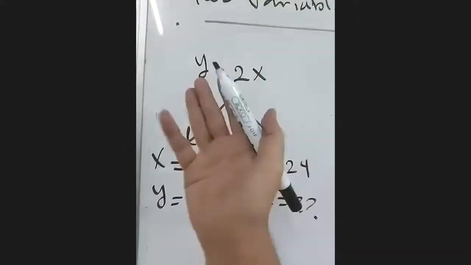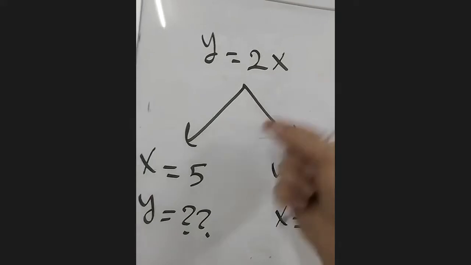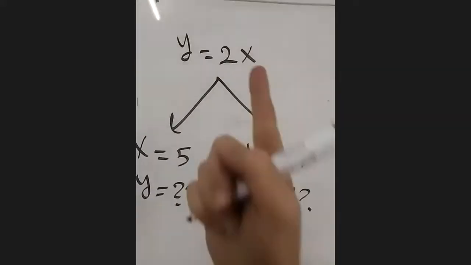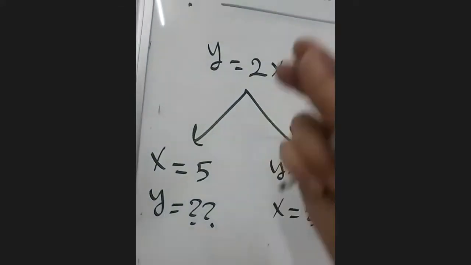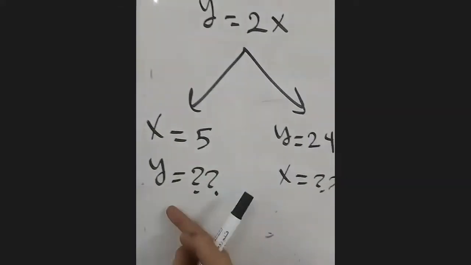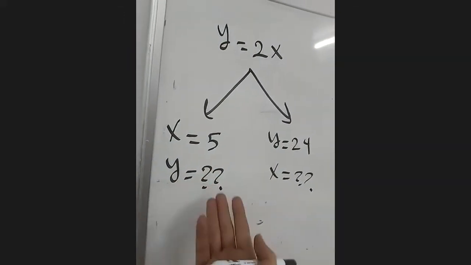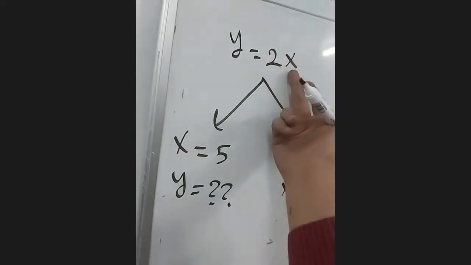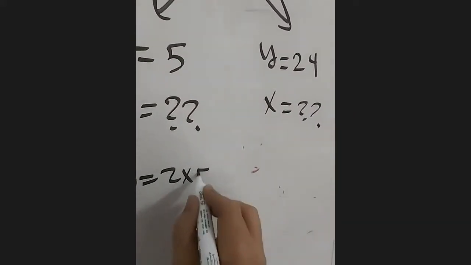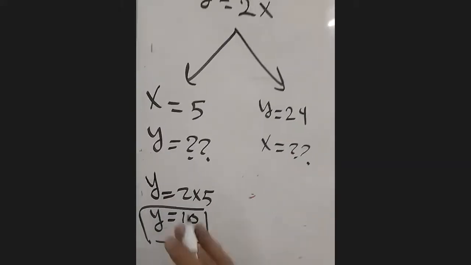So if you have two variables, one of the variables should be given so you can find the other one. Now let's find, if x equals 5, what's y? Replace x by 5. y will be 2 multiplied by 5, which is 10. So y equals 10.